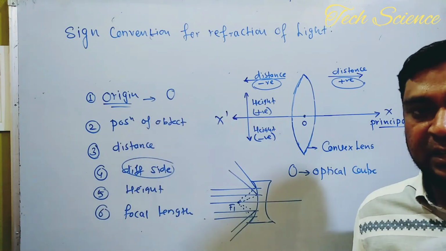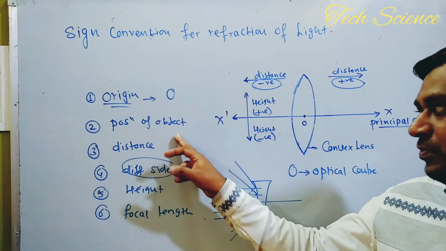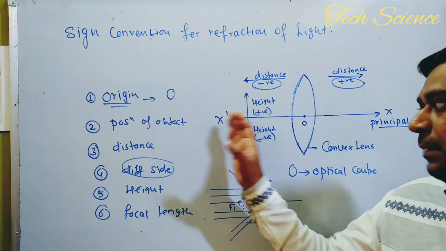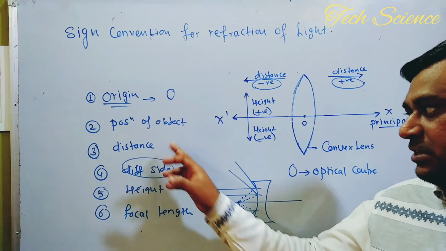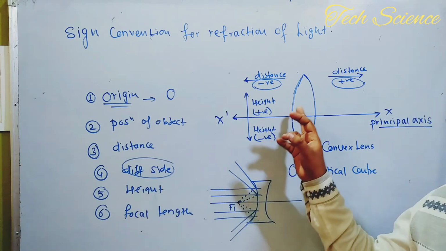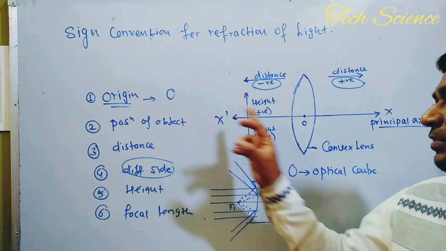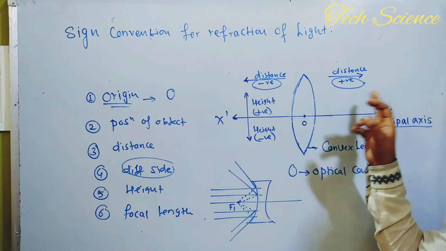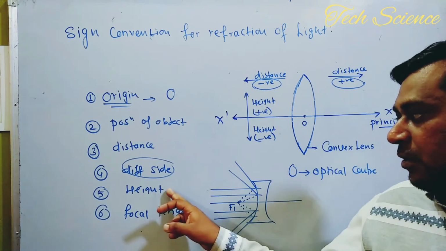Regarding the optical center, it is considered as the origin. The position of the object: all the objects are always kept on the left hand side of the lens. Distances are measured always from the optical center. The distances toward the left hand side of the convex lens are always negative, and distances toward the right hand side of the lens are considered positive. What about the height?